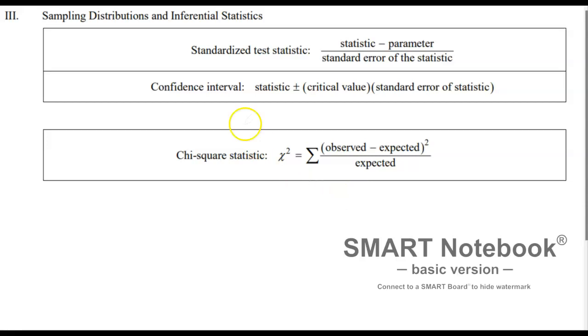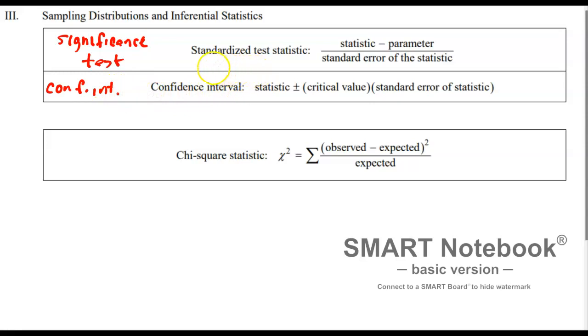Alright, the 3rd part of the formula sheet is sampling distributions and inferential statistics. We recognize it by the phrase significance test. Okay, at least from our textbook reading. This is, as it spells out, our confidence interval.